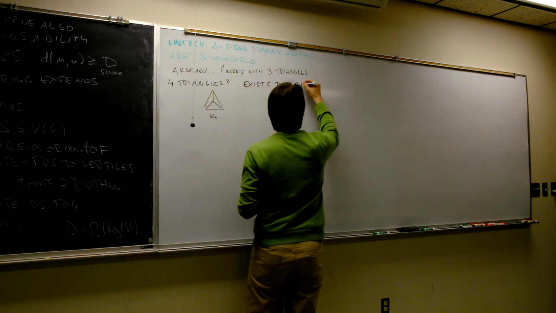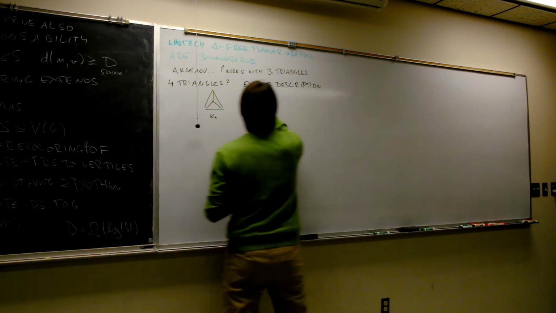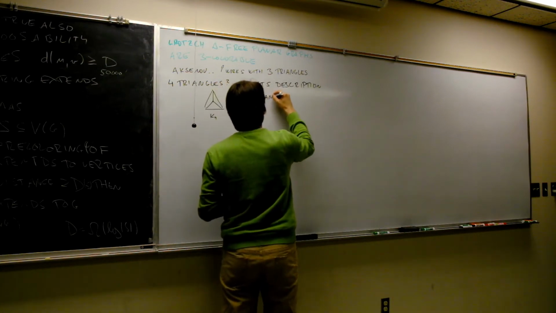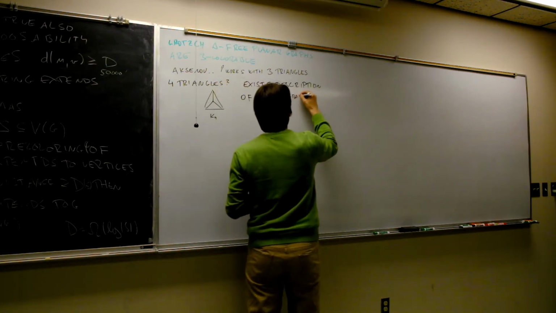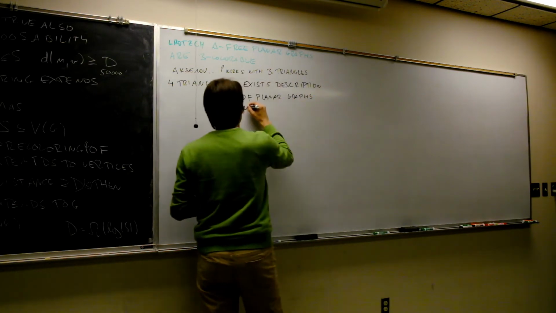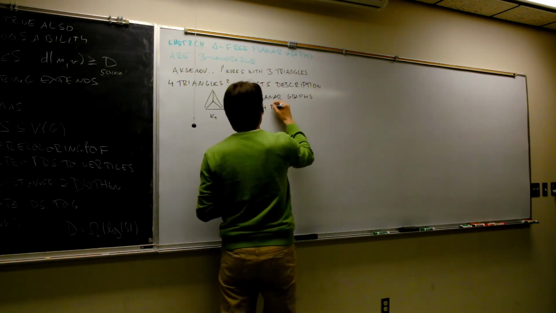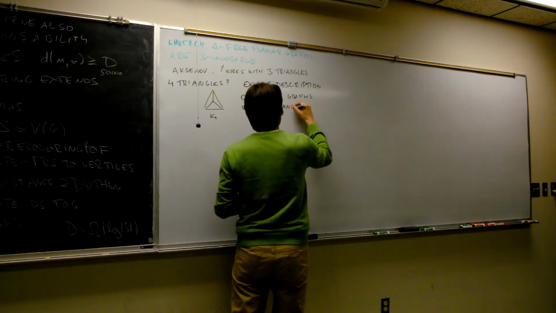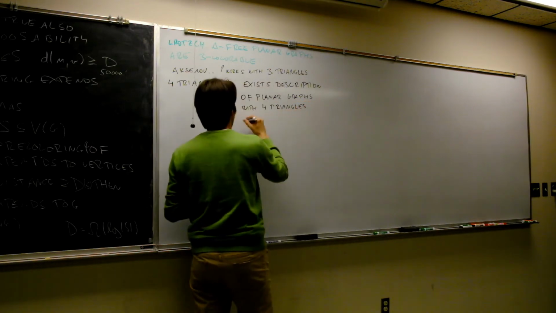Description of planar graphs with four triangles that are not three-colorable.